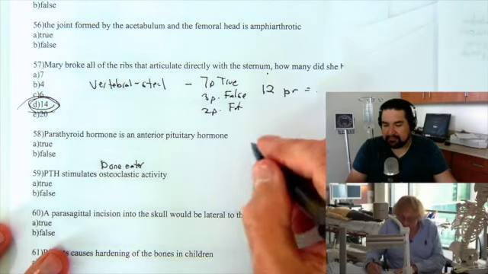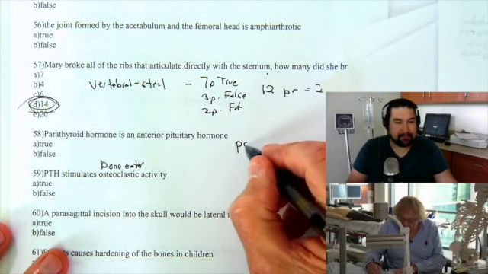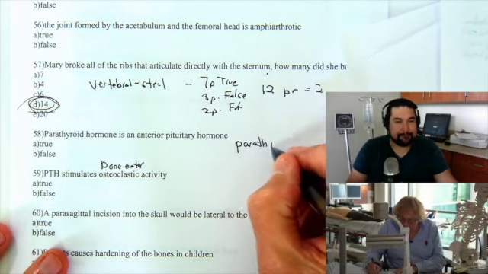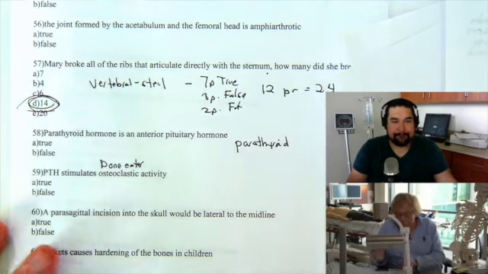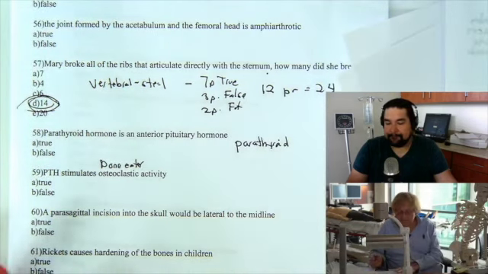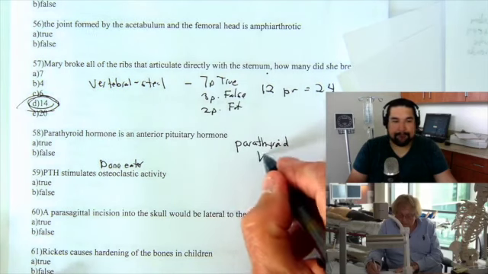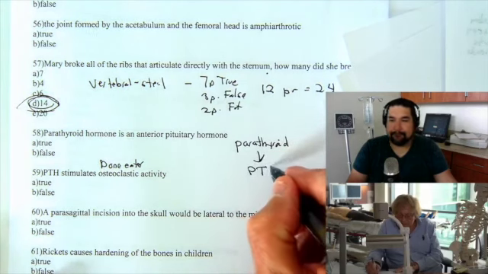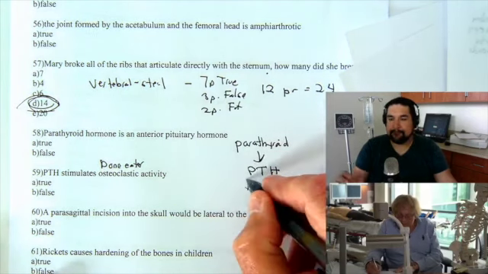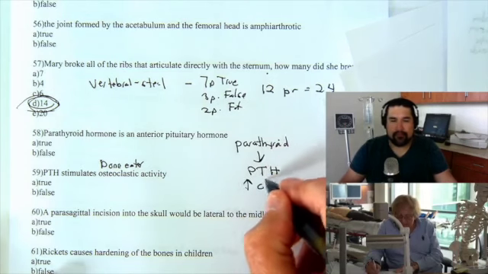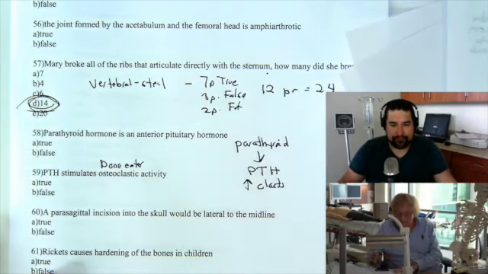I'm going to have the parathyroid gland, which are 4 little bumps basically on the base of the thyroid that are going to produce PTH, or parathyroid hormone, and they're going to increase the clast activity.